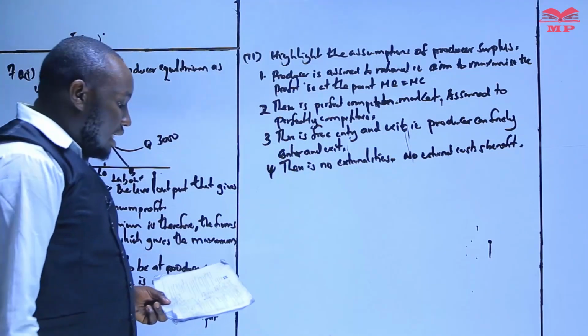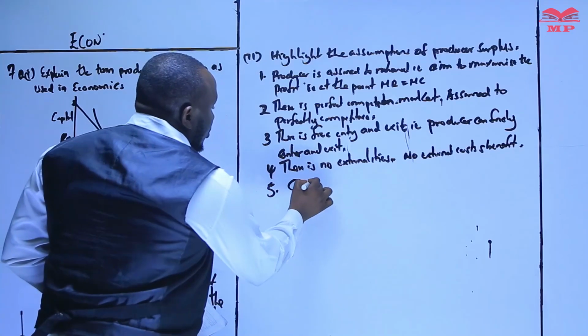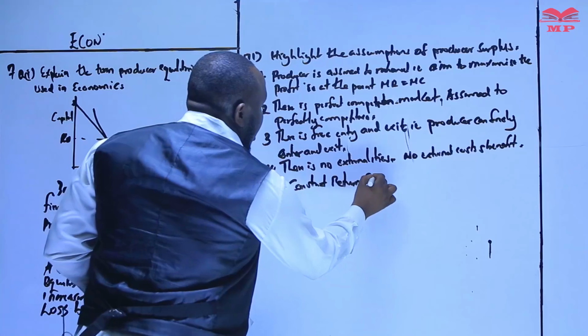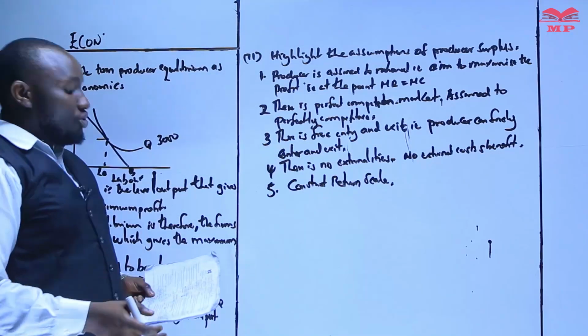And lastly, we say constant return to scale. The fifth assumption, we call it constant return to scale. What do you basically mean by constant return to scale?